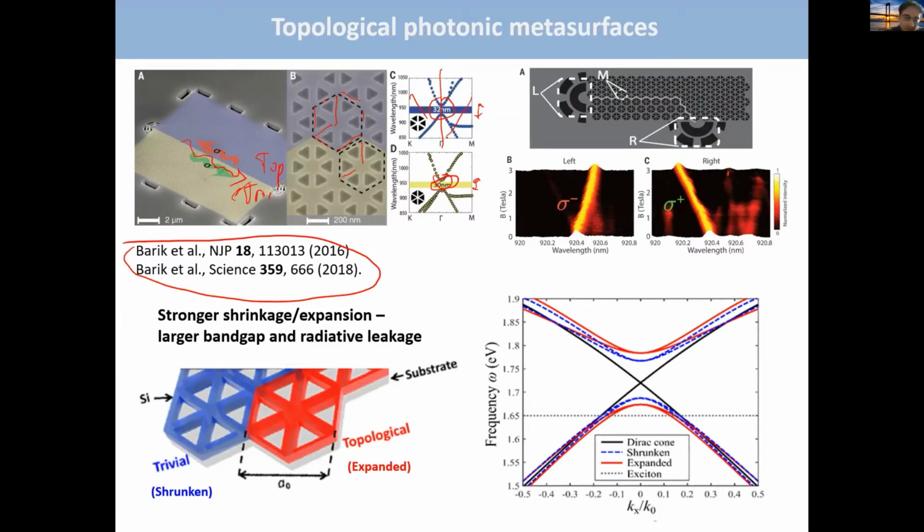For this reason, we adjust the design a little bit. We make sure that the shrinkage and expansion, this distortion of the original graphene lattice, is larger, which makes the band gap wider and makes our modes more radiative and easy to detect in far field spectroscopy.